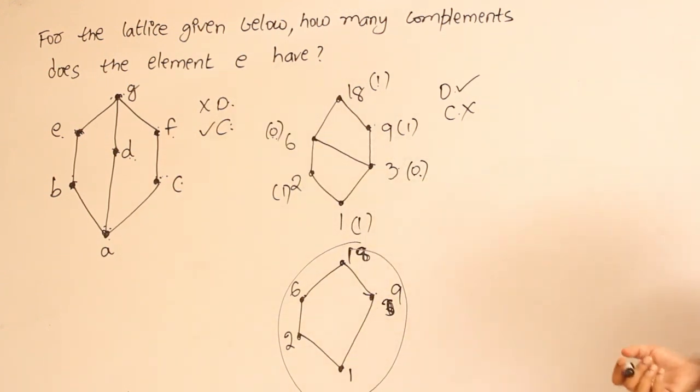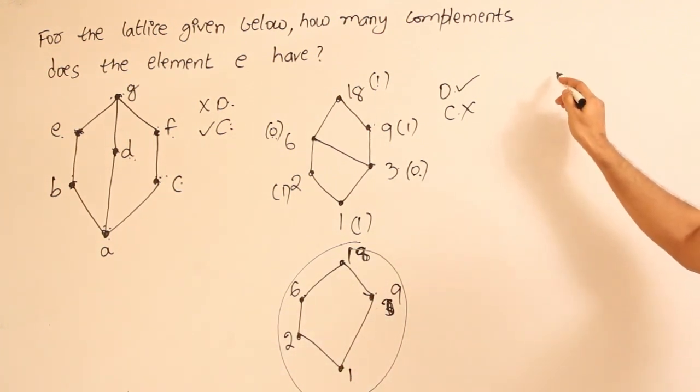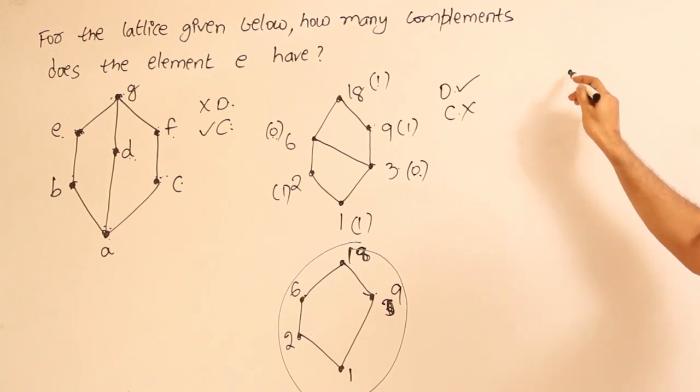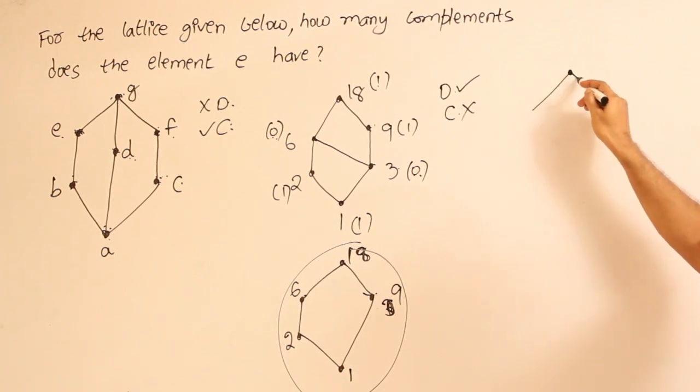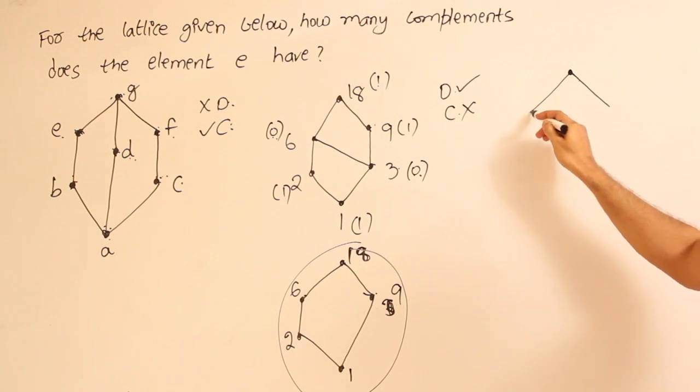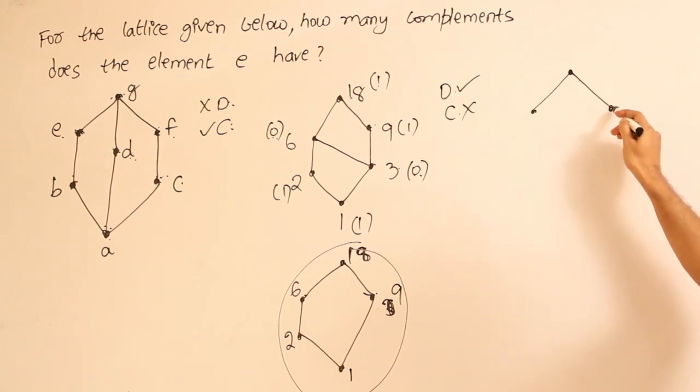Now, can we frame any example which is neither distributive nor complemented? And can you frame any example which is distributive as well as complemented? Let's see this. Now let's try to frame an example which is neither distributive nor complemented.